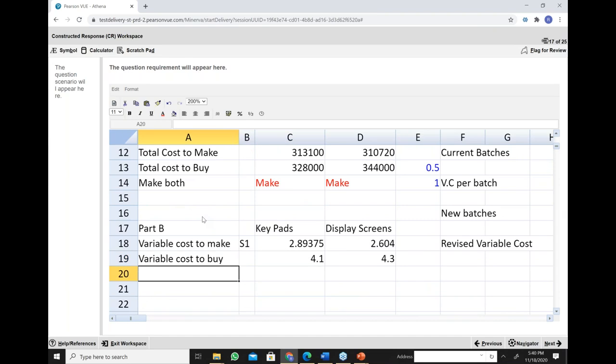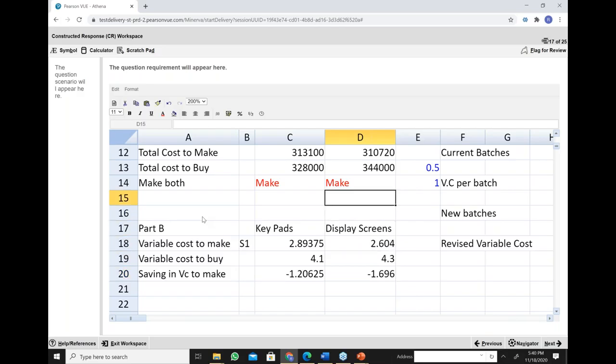So let's work out the difference. This minus this is the saving, right? How did I get the variable cost to make?